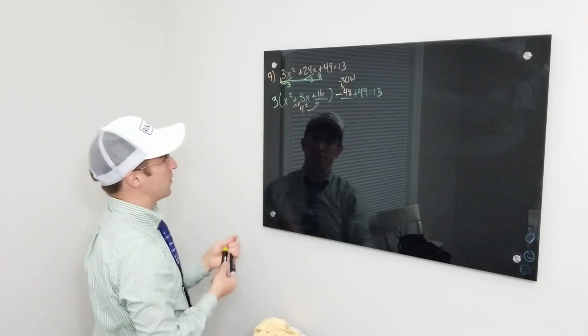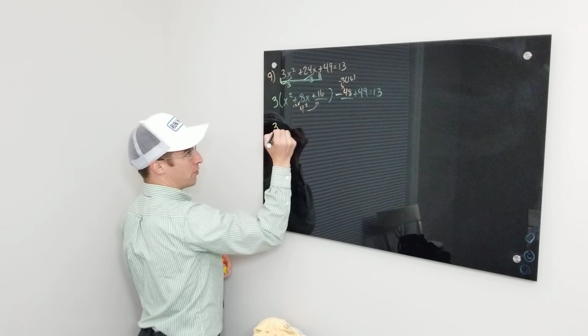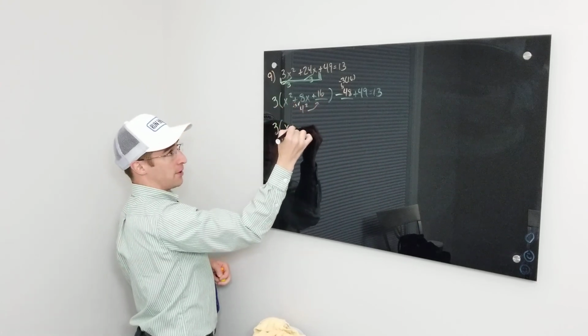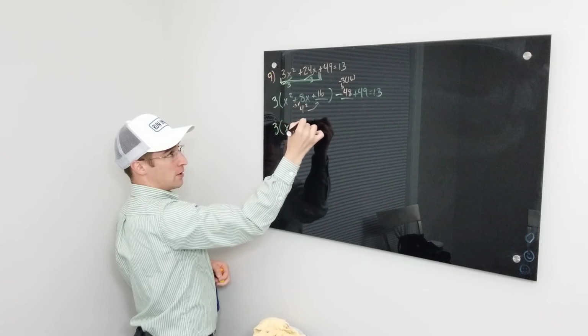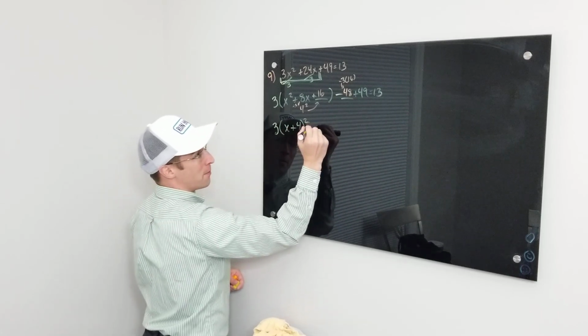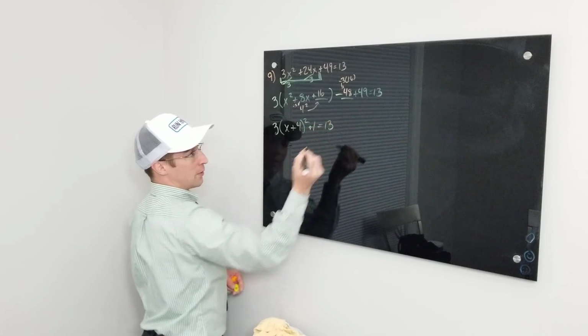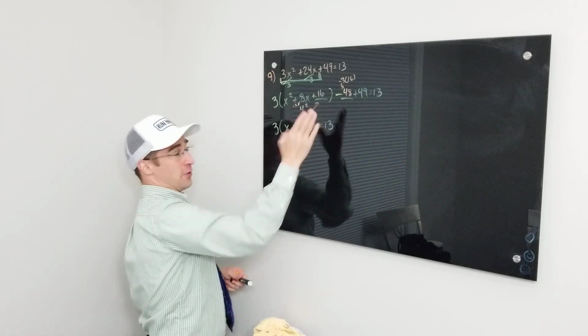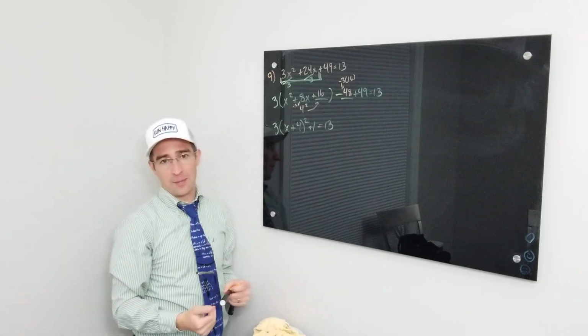Okay, so now we have 3 times, we can write this as a perfect square, x plus 4 squared. Negative 48 and 49 give us plus 1 equals 13. Wonderful. Now we've got vertex form equals number. We can solve this by working backwards, right?